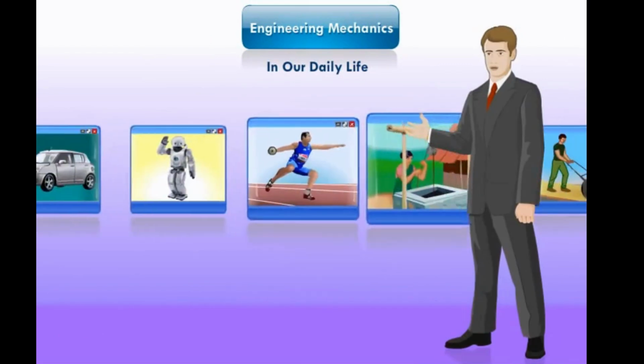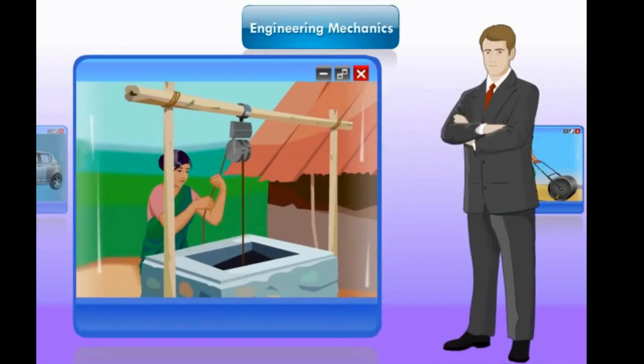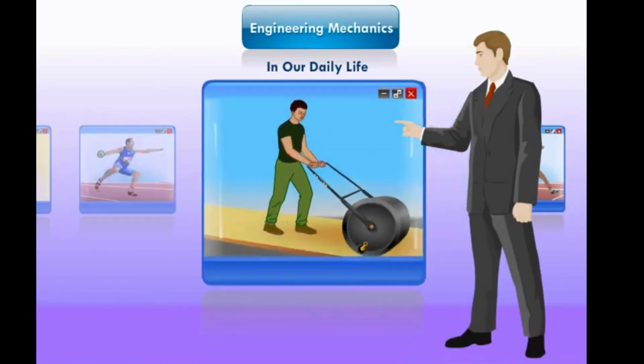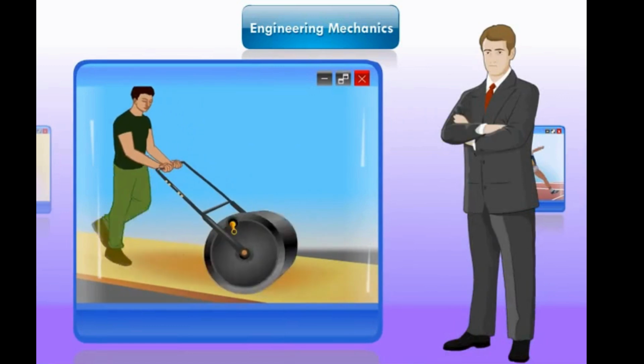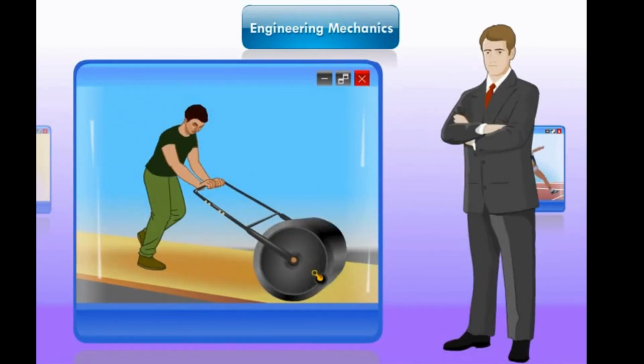Now let us discuss engineering mechanics in our daily life. Engineering mechanics finds its way in almost each and every task that we do in our daily life. While drawing the water from the well, we use the pulley to reduce the human effort. While rolling the ground, we pull the roller instead of pushing in order to reduce our effort.